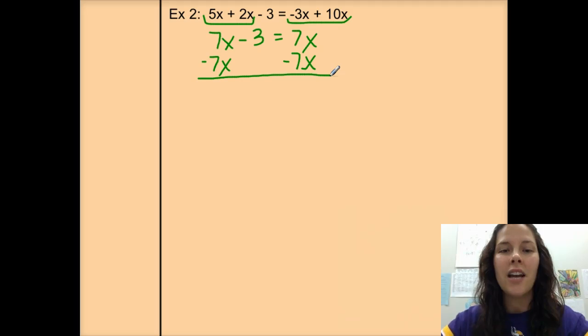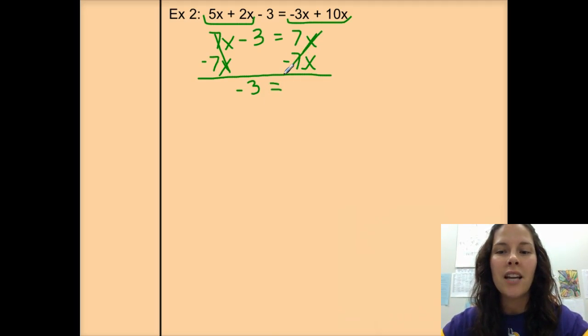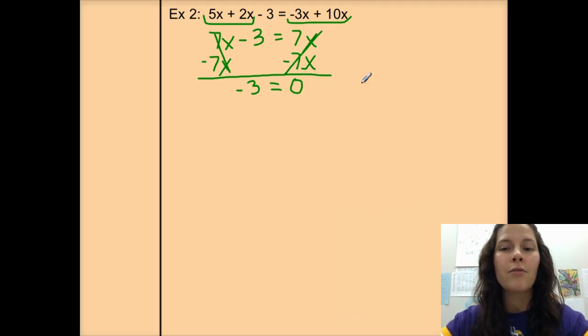Again, we've got 7x minus 7x on both sides of the equal sign, so my 7x minus 7x will cancel. Now on the right-hand side, there's nothing left. So in order to represent that nothing, we use the number 0. In this case, negative 3 does not equal 0.